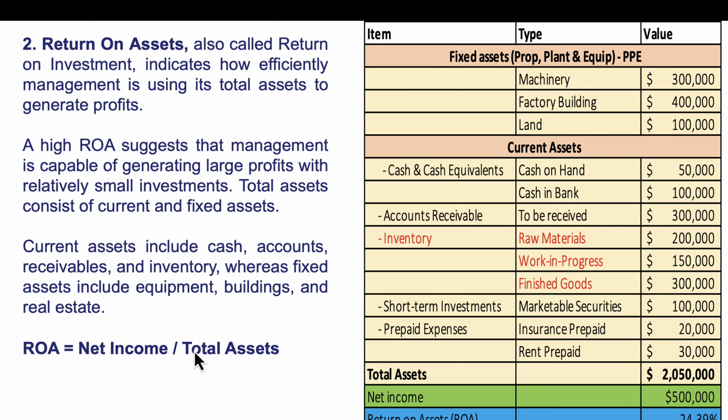In the context of inventory management, if an organization could reduce its inventory, still keeping the numerator the same, that would increase return on assets. When a firm has a high value of return on assets, it means the organization can generate large profits with relatively small investment. So a high value of return on assets means a healthy organization.